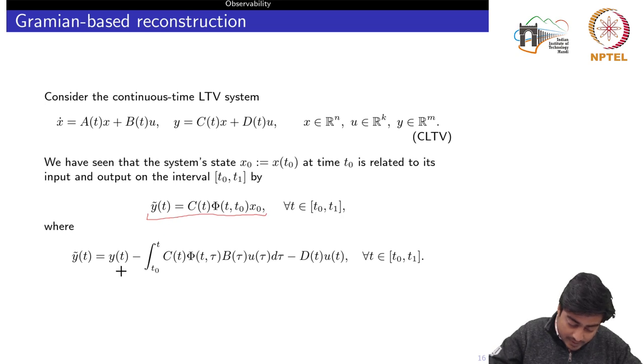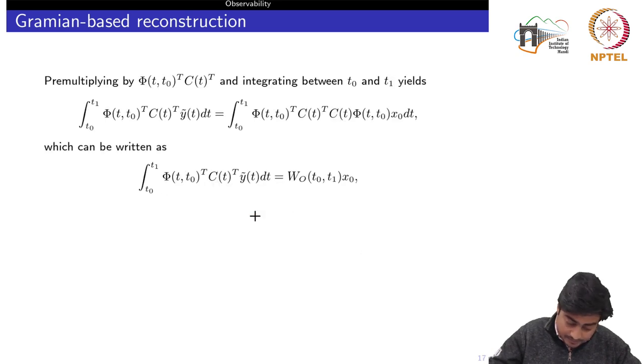So y tilde is nothing but a subtraction of the terms containing the output signal and the function containing the input signal. Basically, we want to construct this x0, and we had seen earlier difficulties that if my C is a non-square matrix or is not invertible, then I cannot compute this x0. But using the Gramians we will see how we could do the reconstruction of x0.